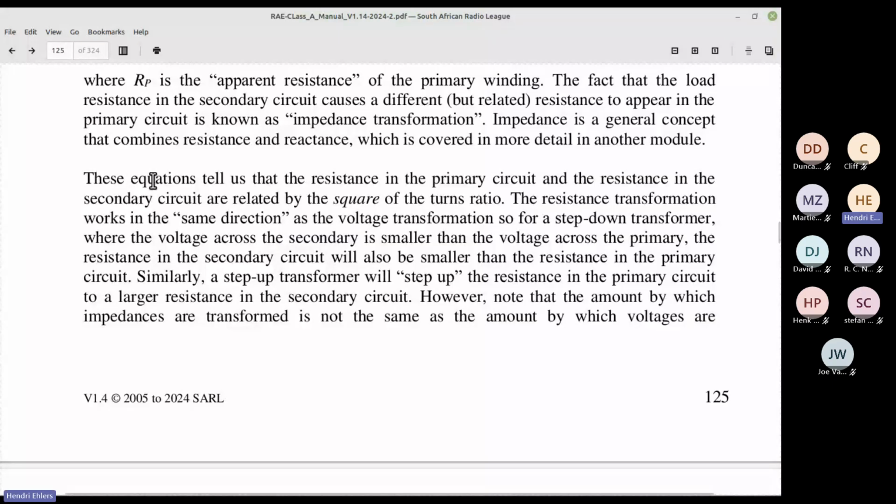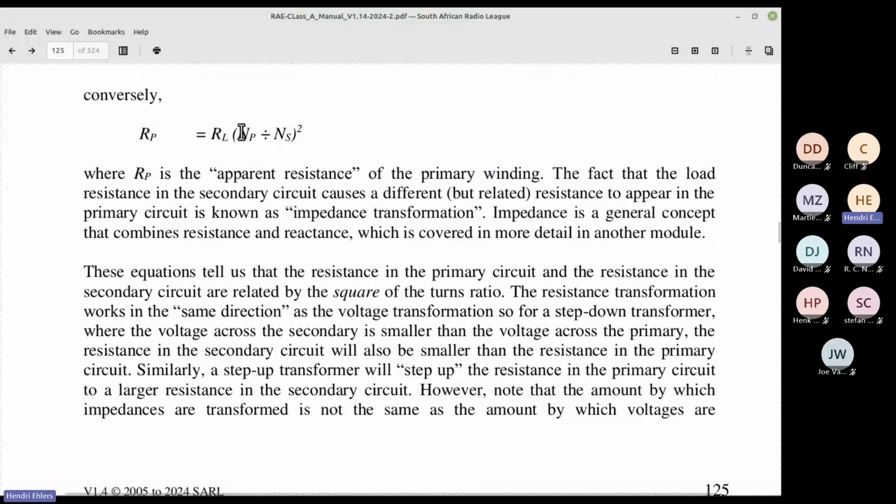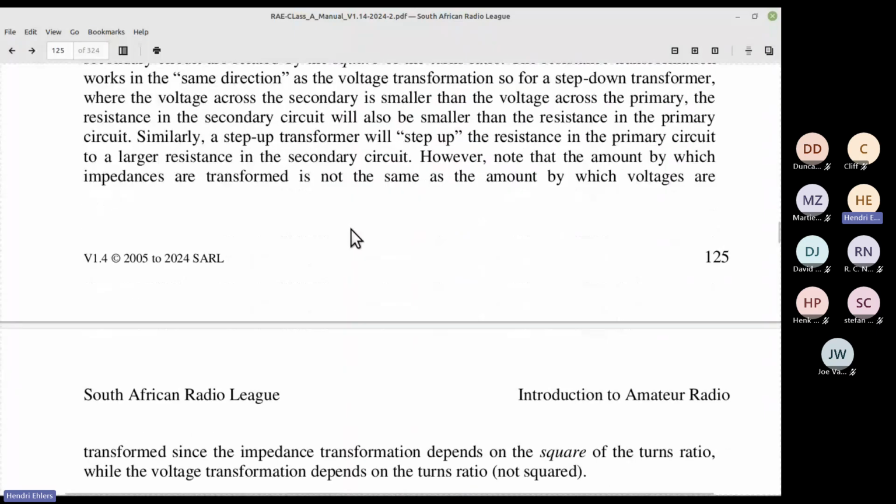These equations tell us that the resistance in the primary circuit and the resistance in the secondary circuit are related by the square of the turns ratio. The turns ratio squared times the load will give us the apparent resistance.